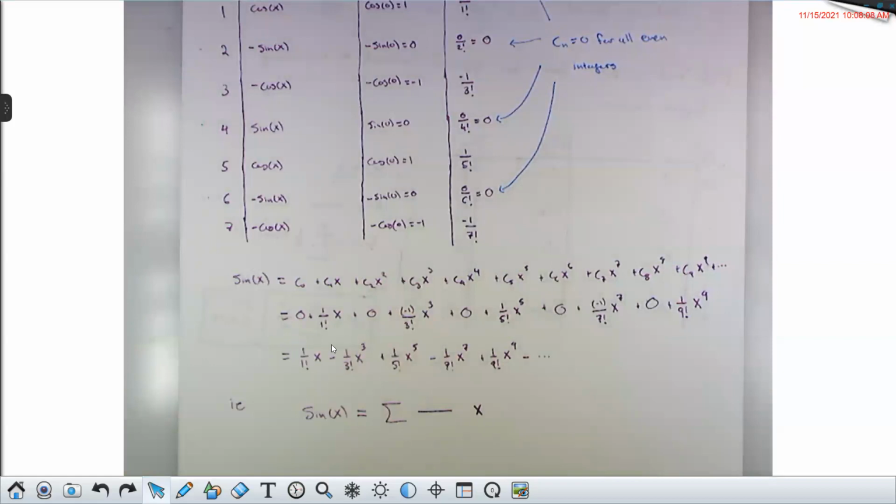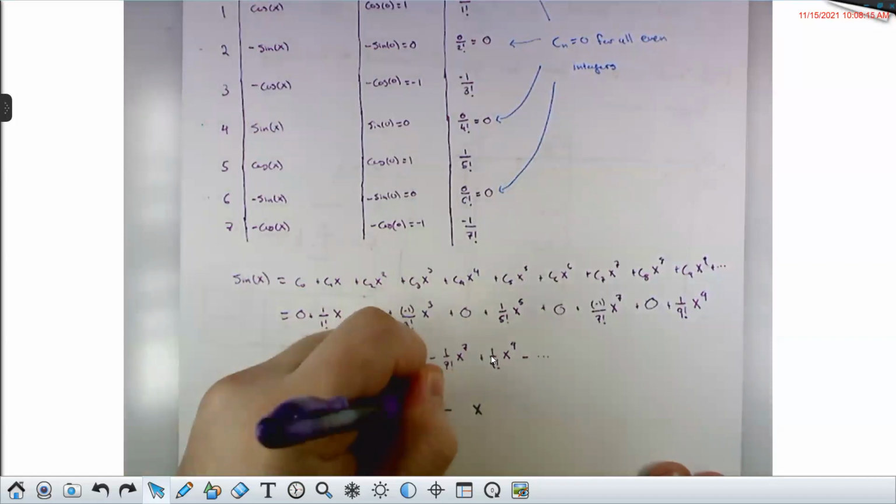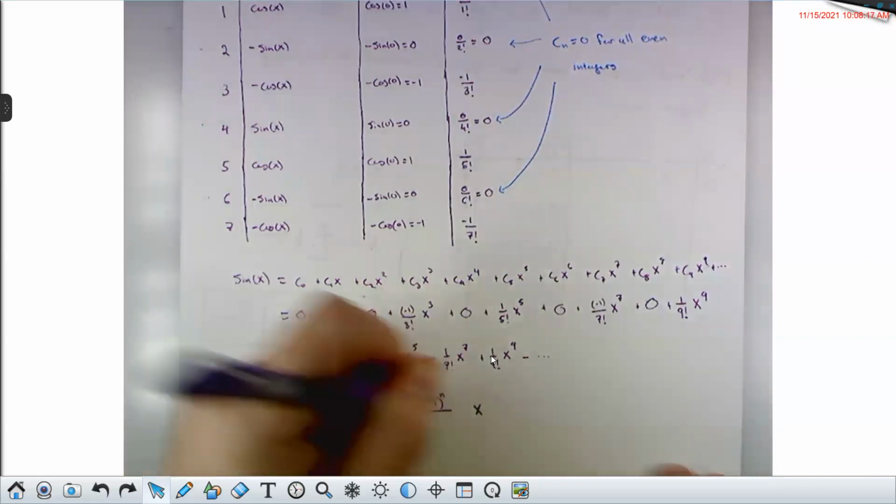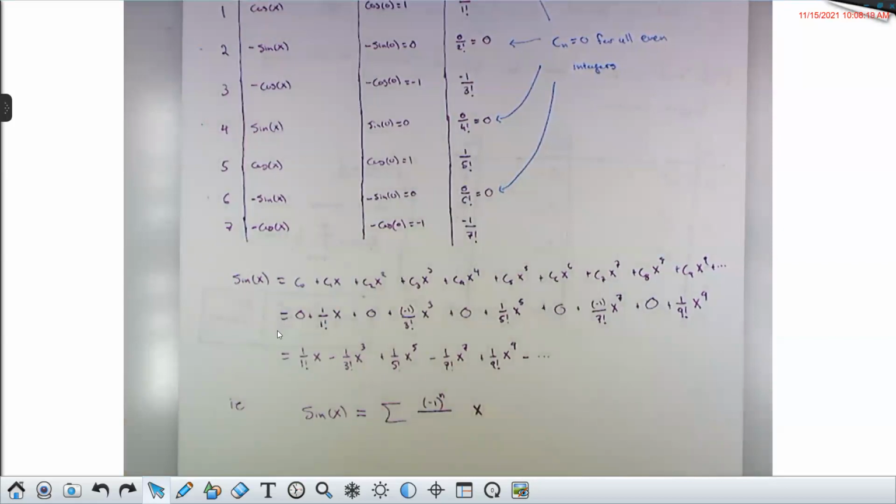Well, I've got +1, -1, +1, -1, +1. So there's something like a -1 to the n going on upstairs. This is an alternating series.